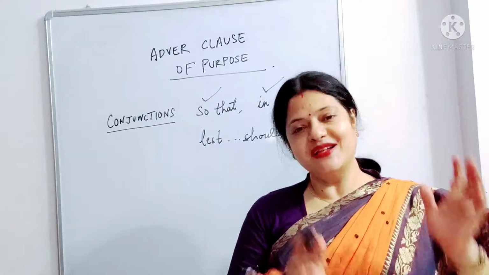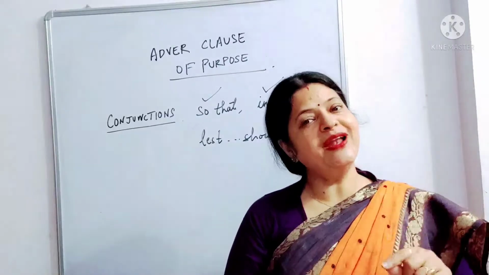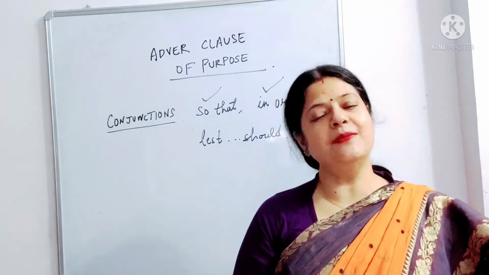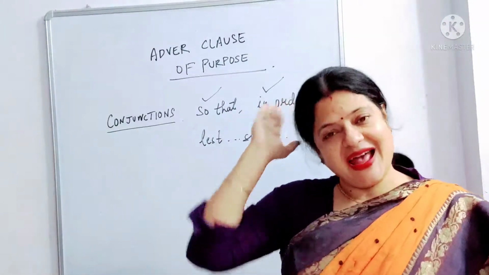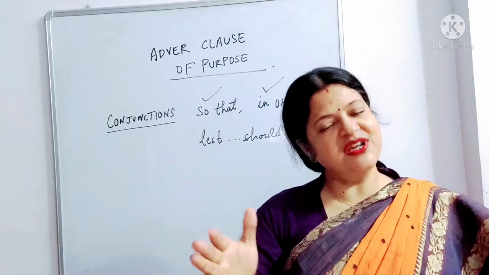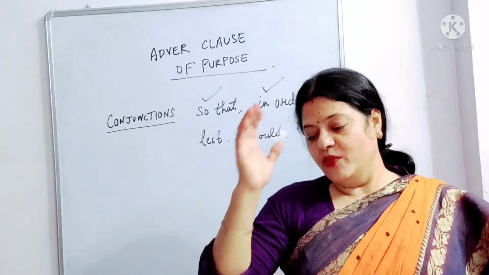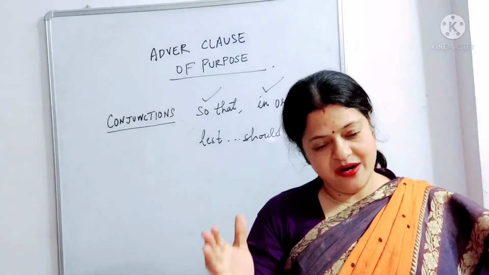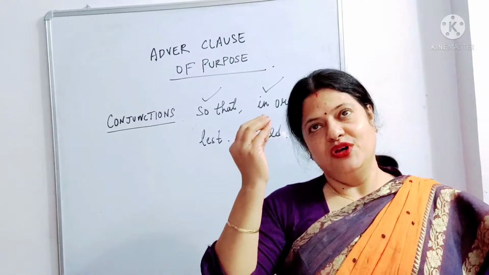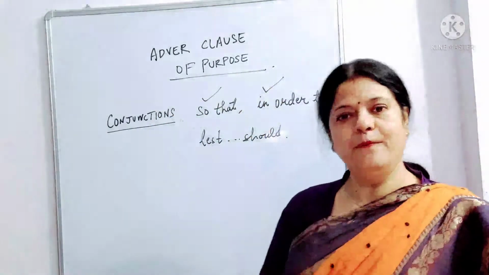So I repeat that when we are making a subordinate clause, always start with a subordinating conjunction. These are the conjunctions, and then there would be a subject, a verb and a modal verb. Modals means may, might, can, could. These are essential to make a subordinate clause in adverb clause of purpose.